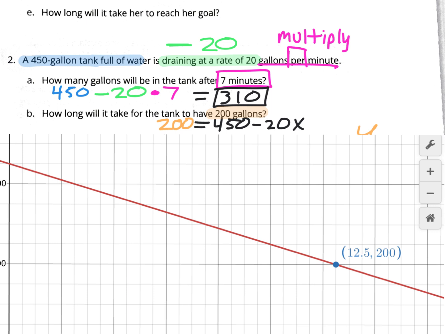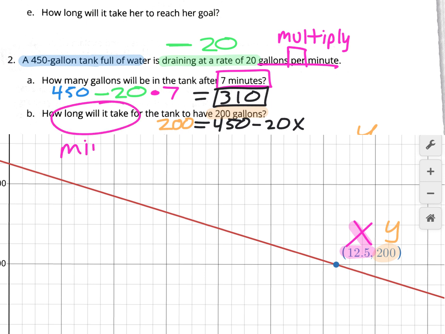And remember that this second number is your y, and the first number is your x. And it's asking me how long will it take. So that means it's asking for the number of minutes. So because the number of minutes that matched up with 200 is 12.5, that means that the number of minutes that it will be is 12.5.